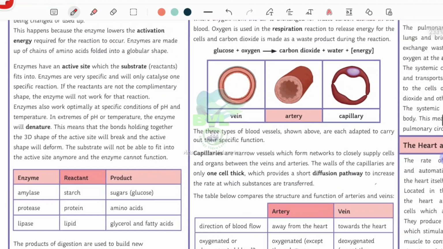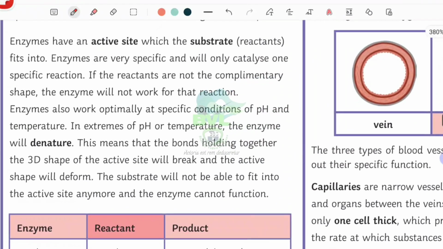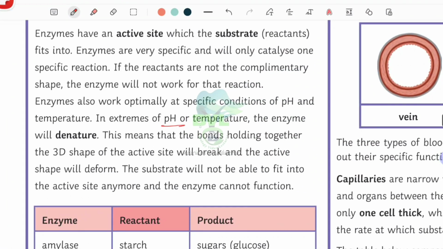Then the next thing you want to know is that there are factors that affect enzyme reactions, pH and temperature being the major ones. If the pH is too high, the enzyme will become denatured. What does that mean? It's becoming too alkaline in nature. That's not good for your enzyme. If it's going too low, that means it's becoming acidic. It's also going to become denatured.